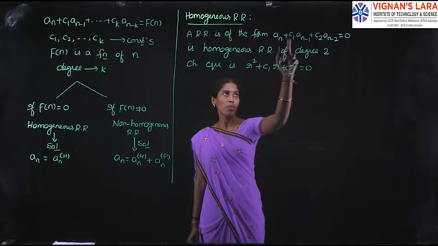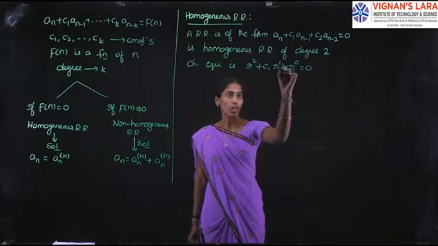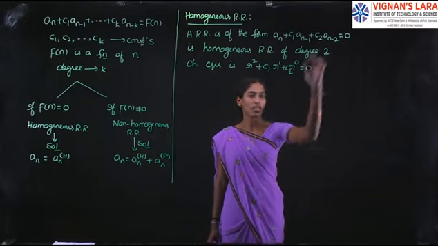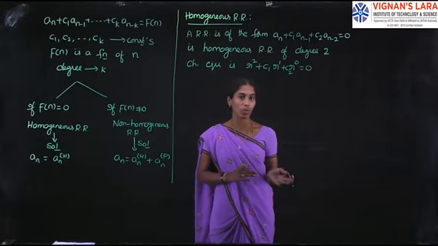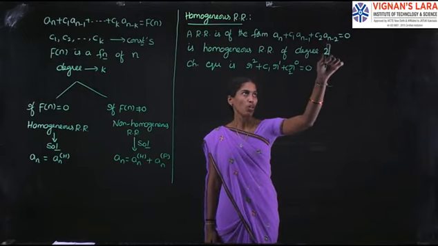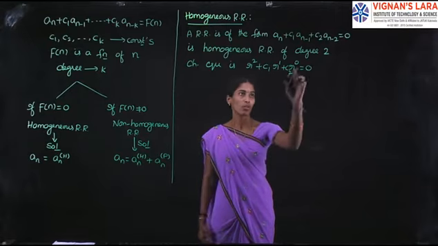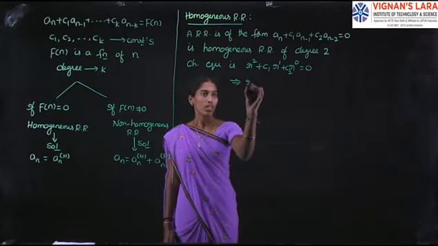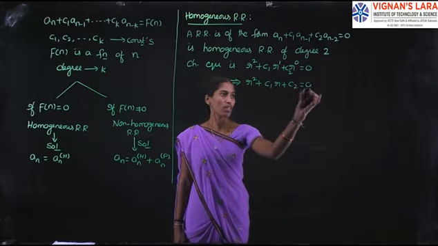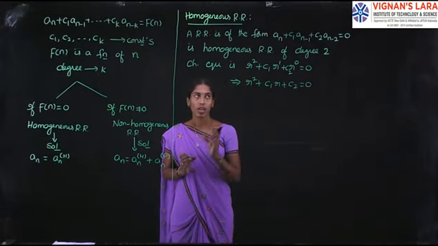So r^2 + c1 r, since 2 minus 1 is 1, write this 1 in the power, r to the power 1, plus c2 r, where the suffix 2 minus 2 is 0, so r to the power 0. So r^2 + c1 r + c2 = 0 is the characteristic equation. This is the way to express the given recurrence relation.